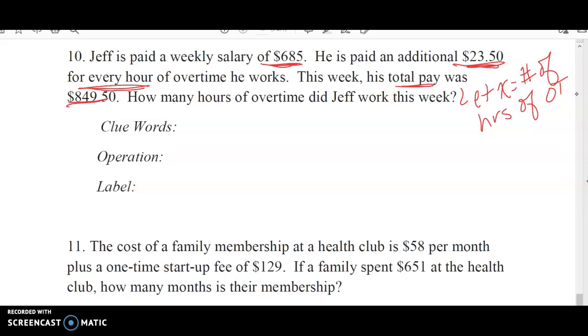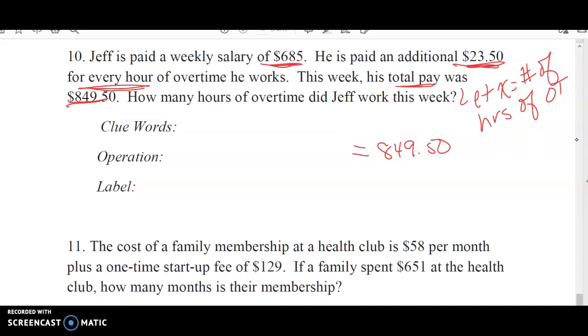I always tell kids, find your total number first in these types of problems. If you find your total number, everything has to equate up to that. Okay, it's got to come up to the total number. So in this one, his total pay is going to be $849.50. So everything has to equal his total pay.